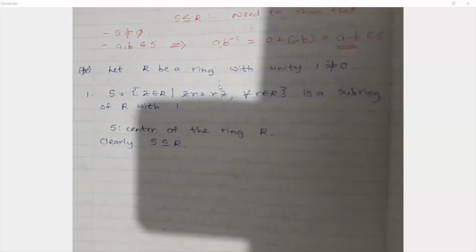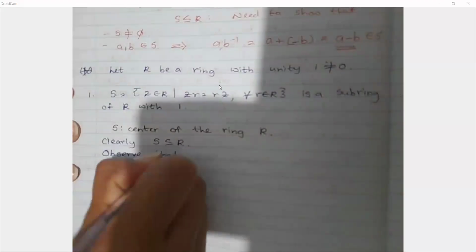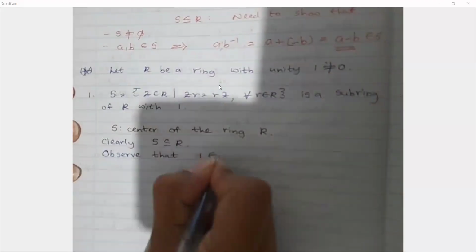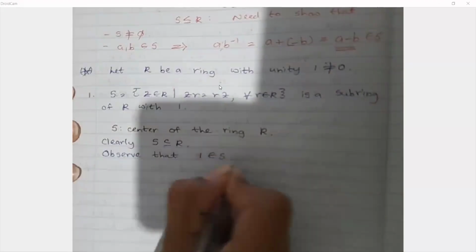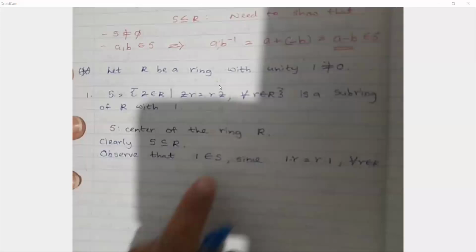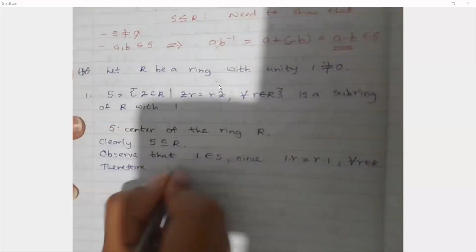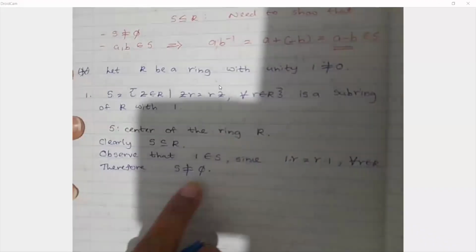In other words, this unity is in S. Observe that 1 is in S since 1 times r is equal to r times 1, which is equal to r, for all r in R. Therefore, S is not empty, and 1 is included in S.